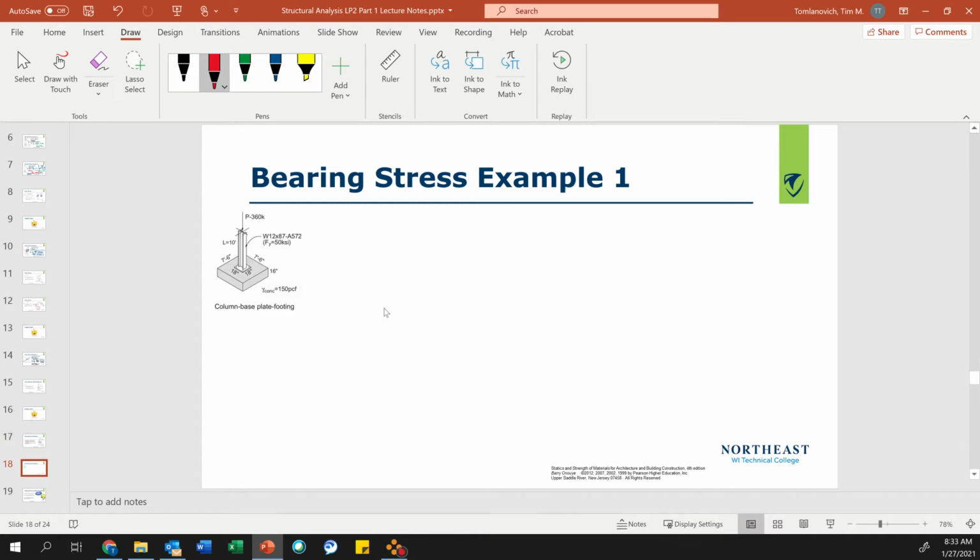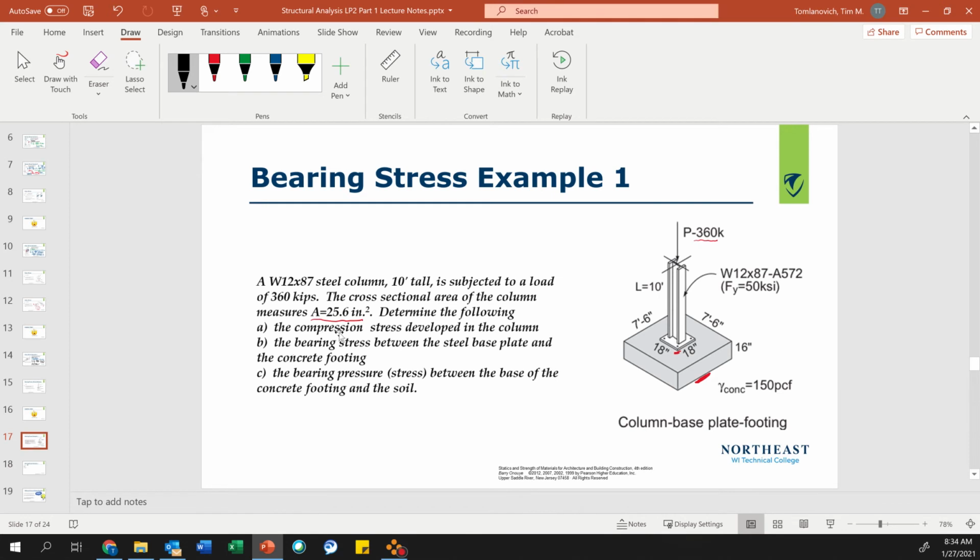I just got another page here. So A, whoa, that's an ugly looking A there. All right, A. I'm going to reread it so I don't make a mistake. The compressive stress developed in the column.